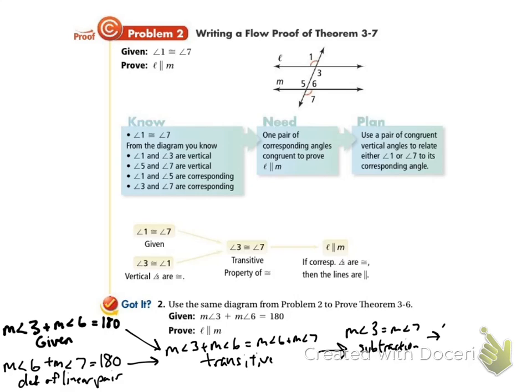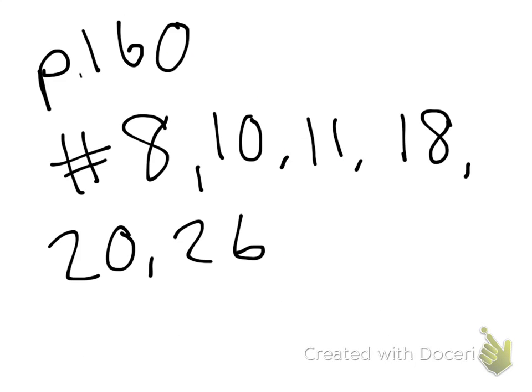So then I know that angle 3 is congruent to angle 7. That's the definition of congruence: if two angle measures are equal, then they're congruent. And if I look at my picture, angle 3 and angle 7 are corresponding angles. So I know that L is parallel to M by the converse to corresponding angles. And there's your homework.